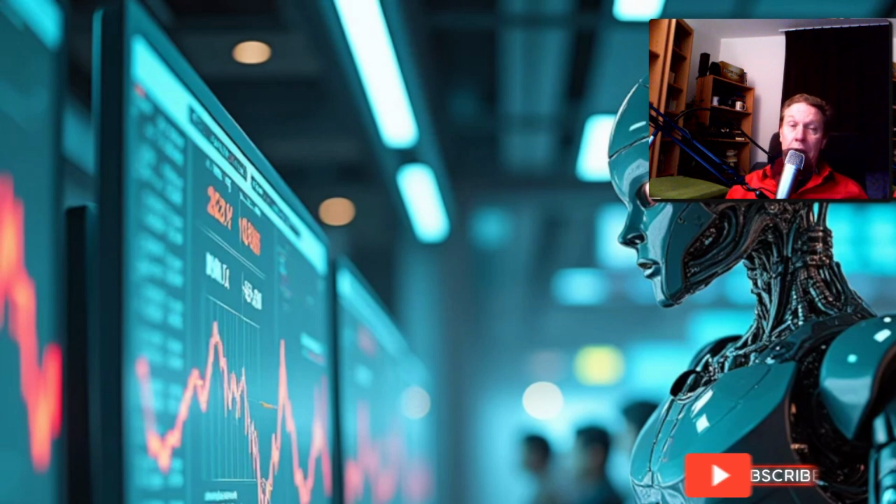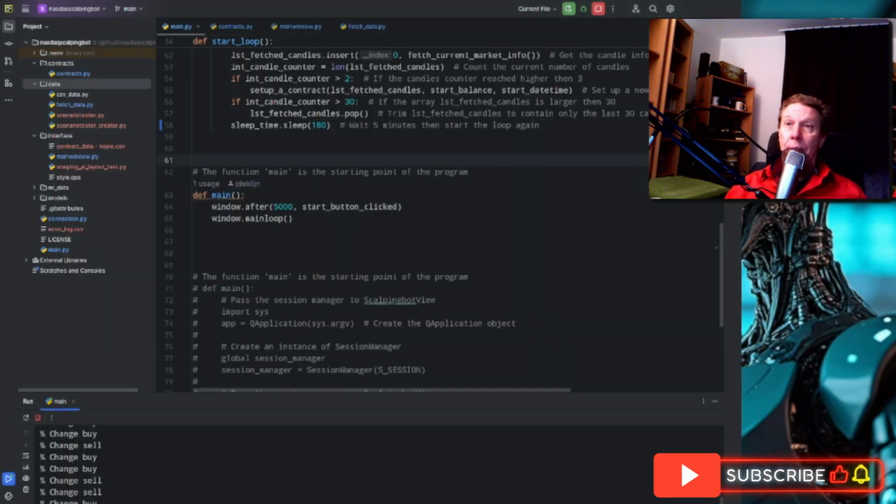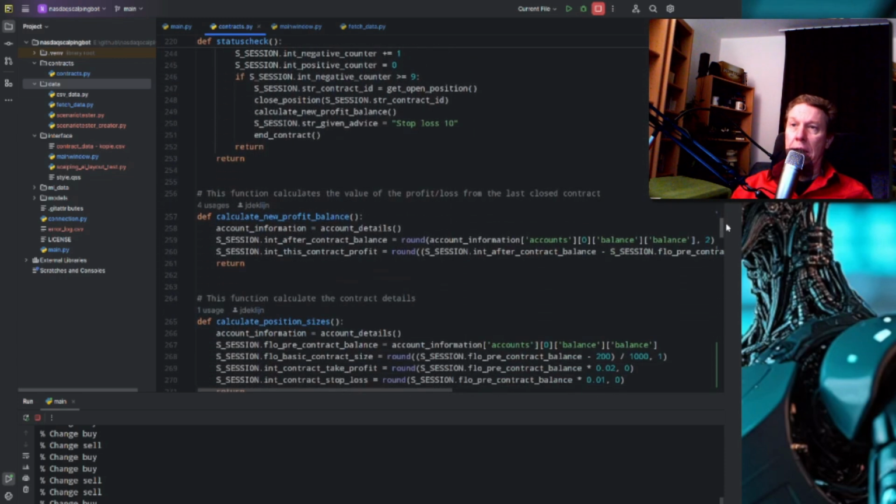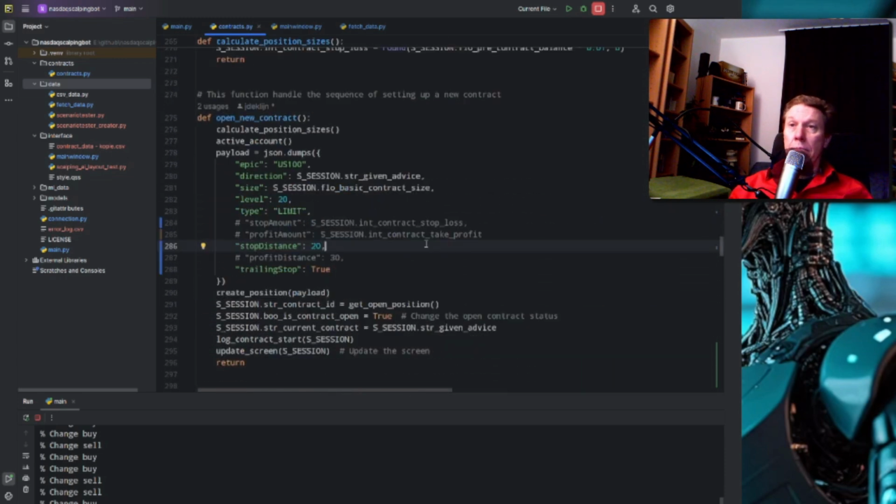And I start with the changes in the code. And if we look at the code, we don't see much changing. I did not change a lot, although I restarted the bot today twice because I made a bigger stop distance.